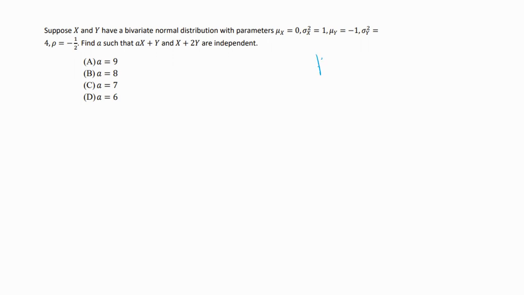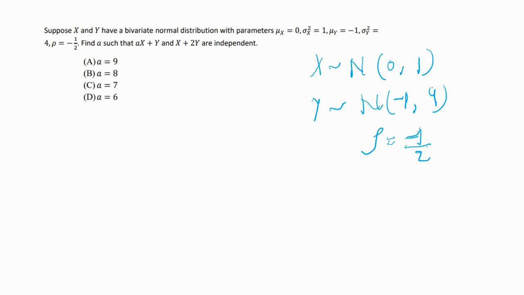So firstly, x follows a normal distribution with mean 0 and variance 1, and y follows a normal distribution with mean minus 1 and variance 4. The rho given here is negative.